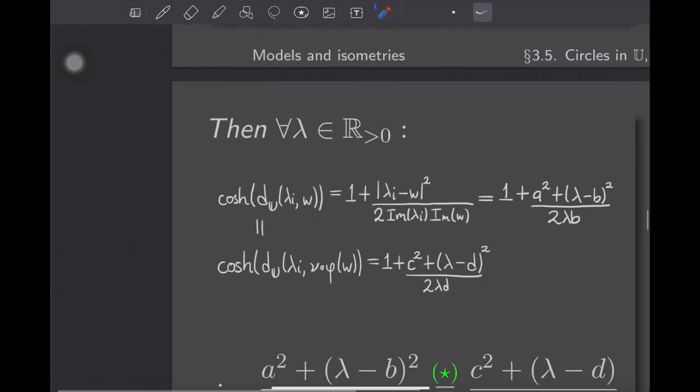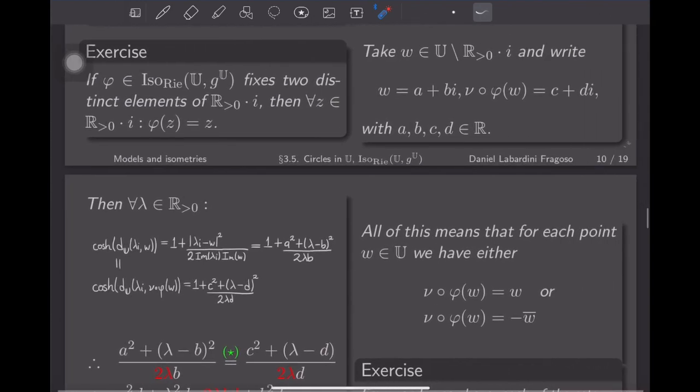When I compute it in terms of W, what I obtain is this. For instance, the imaginary part of W is B, the imaginary part of lambda I is lambda, and this one is purely imaginary, so lambda minus B squared, and then A squared.